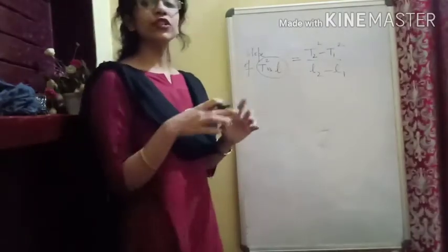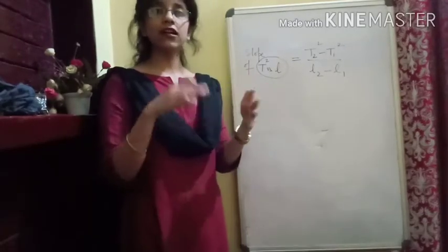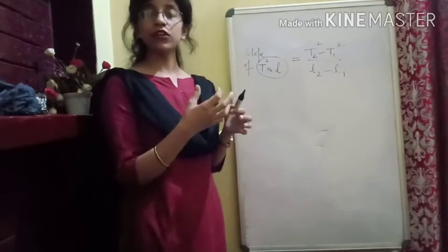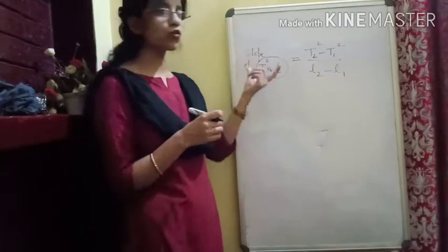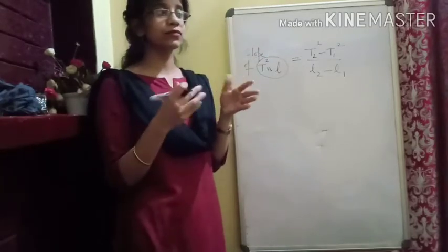Now, I told you at the start of the simple pendulum that these are observations performed in the laboratory, or experimental values. Experimentally they have found that the slope comes constant every time under certain conditions.